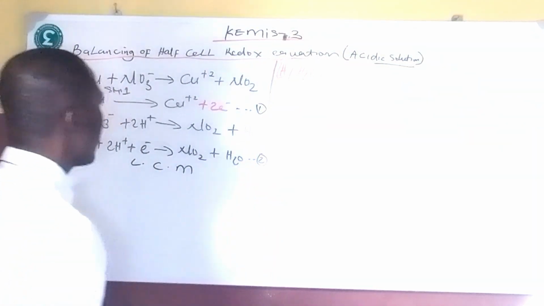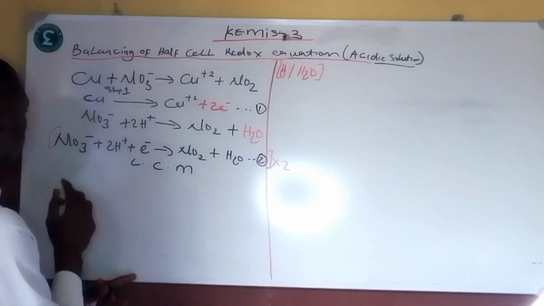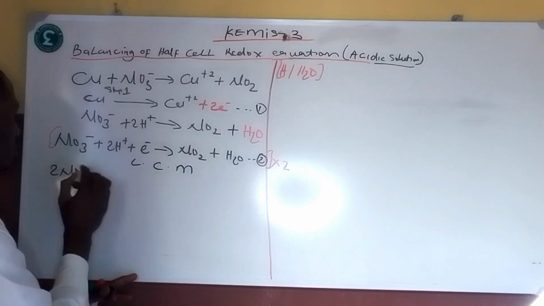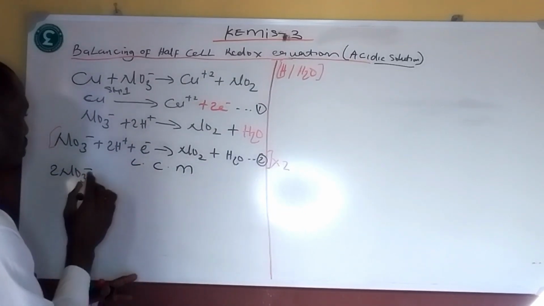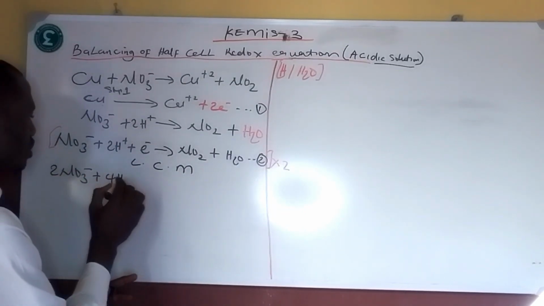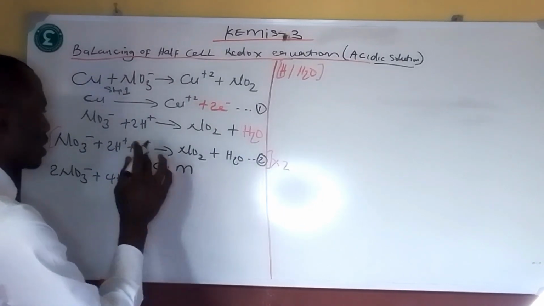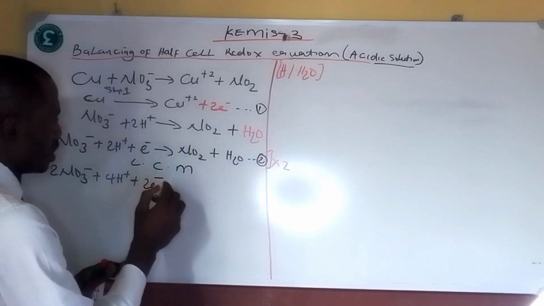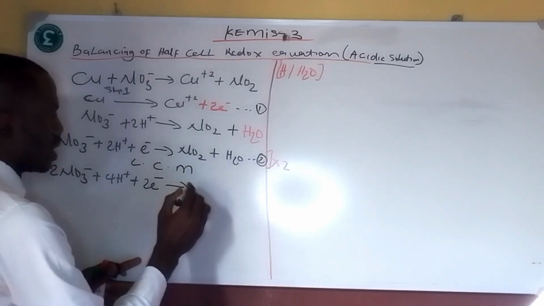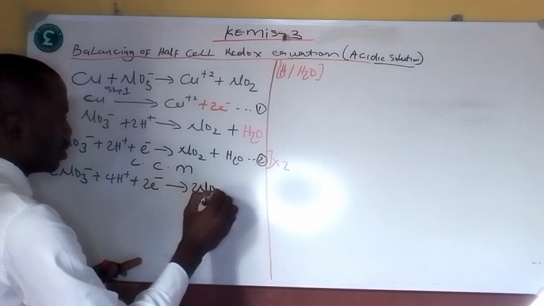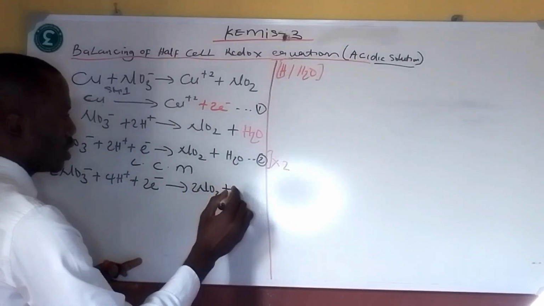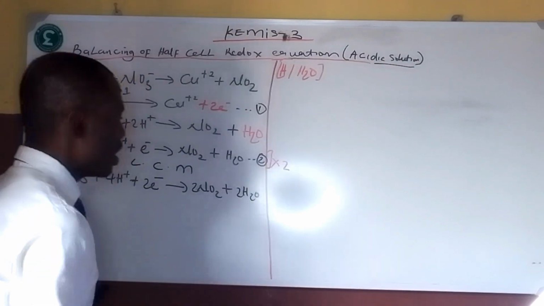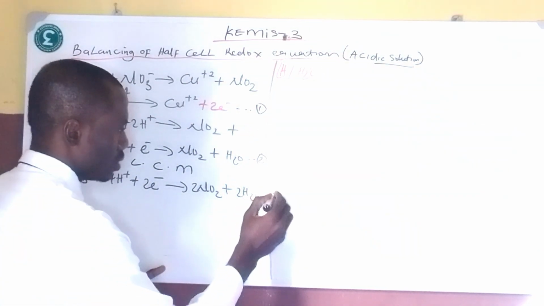So what I have now in equation 2 will become 2 times 1, that is 2 of those. 2 times 2, that is 4 of those. 2 times 1, that is 2 of those. 2 times 1, that is 2 of those. Let's call this equation 3.